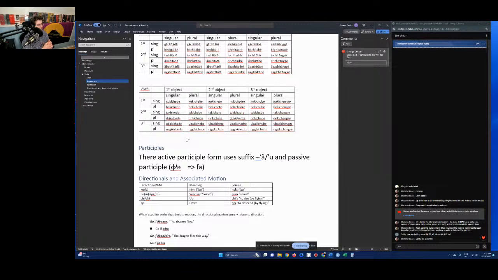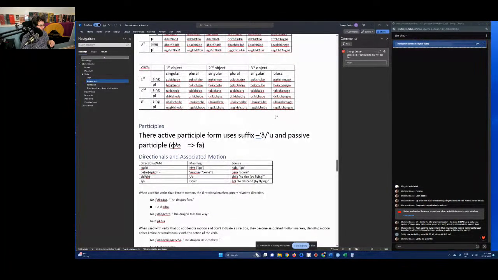So I was thinking about a couple of options. Either we just delete this prefix, or it gets reduced to just the vowel.